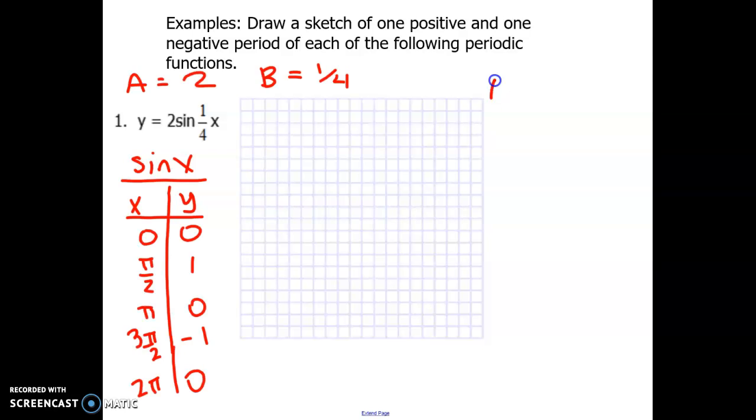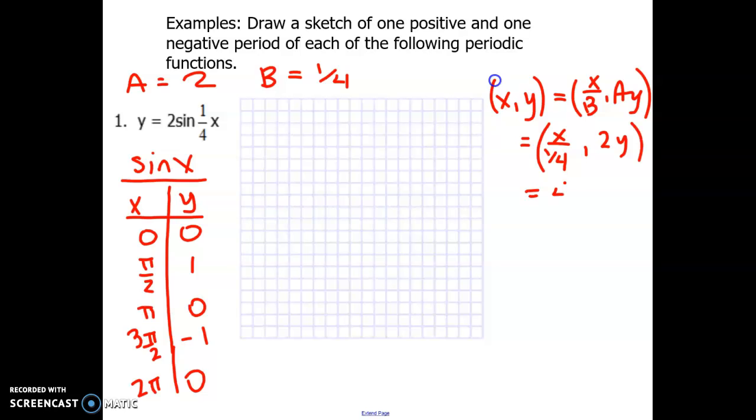Here we're going to use mapping, and remember that your mapping equation is x over b and then a, because here we have no h and k. If my b value is 1/4, that means I'm dividing by 1/4, which is the same as multiplying by 4. So this graph is actually going to get 4 times wider.